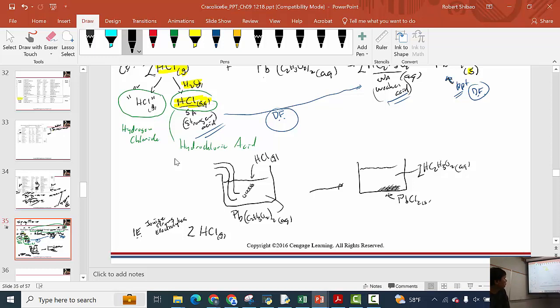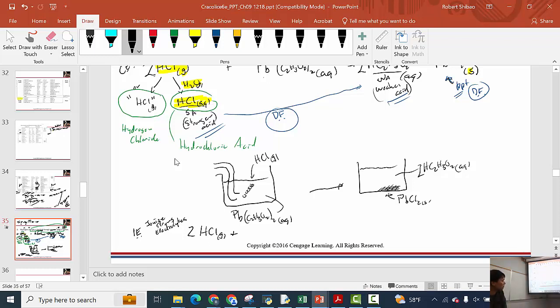All right, the next reactant here is lead-2 acetate. In the ionic equation, do I ionize lead-2 acetate? So I'd ask, is lead-2 acetate a strong acid? No. Is lead-2 acetate a strong base? No. Is lead-2 acetate a soluble salt? Acetates are all soluble, and so yes, it's a soluble salt. So I'm going to ionize it. What does it ionize into? It's going to break up into ions.